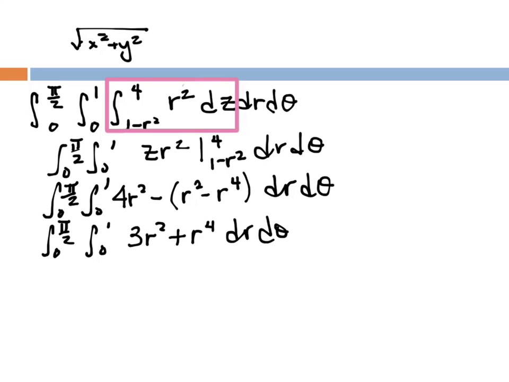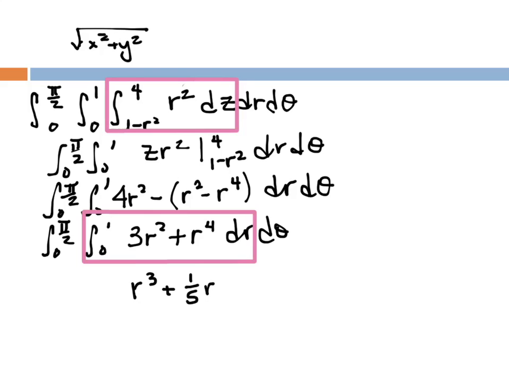All right, next integration is with respect to r. So 3r squared becomes r cubed, and r to the 4th becomes 1/5 r to the 5th. We're going to evaluate this from 1 down to 0. If I evaluate at 1, I get 1 plus 1/5, which is 6/5.